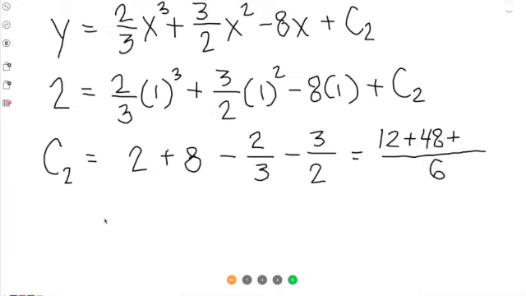Sorry, this is minus 4 and minus 9. Okay, so our C2 would be, that would be 50 minus 13. Oh, sorry, that would be 60 minus 13, or 47 over 6.